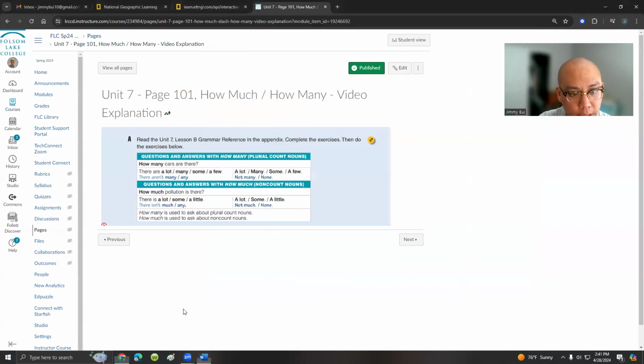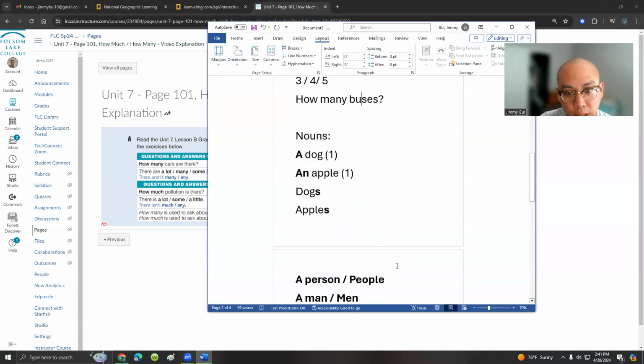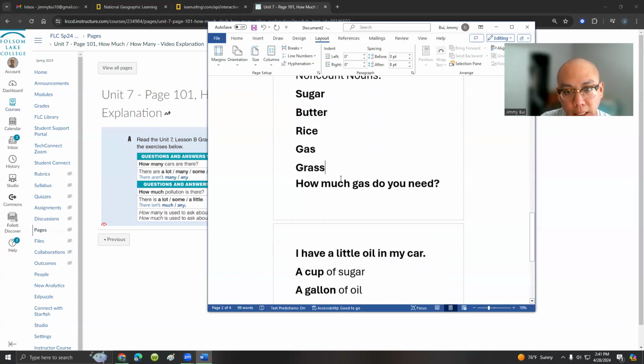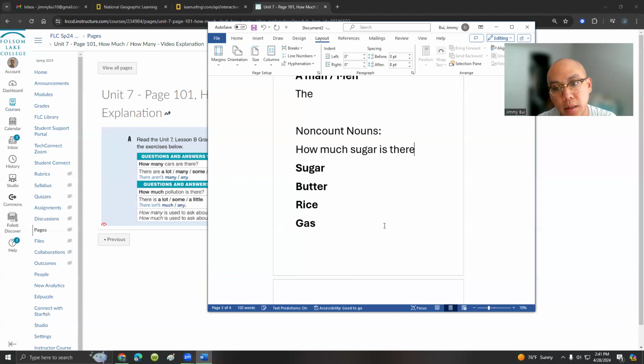And then, of course, in the negative form, notice here, because the grammar rule for non-count nouns is that they don't end in an S. When you ask a question, how much sugar is there? How much butter is there? Even though this is a plural non-count, we use the verb be as is, right? Because it follows a grammatically singular format.